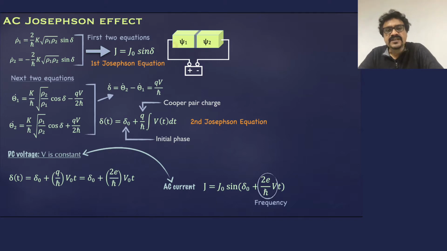So the Josephson junction, what we discussed so far, consists of two superconducting regions interfaced with a thin insulating layer in the middle, and we solve the time dependent Schrodinger equation for the system. ψ1 and ψ2 are the wave functions for the Cooper pair or the condensate on either side.